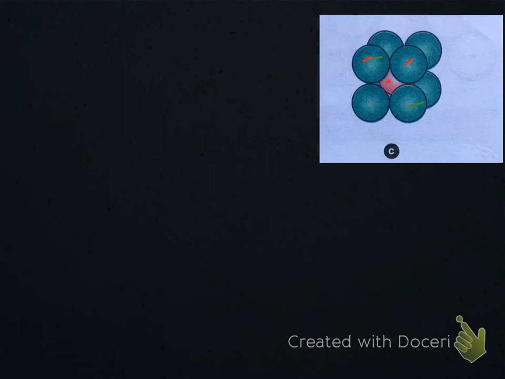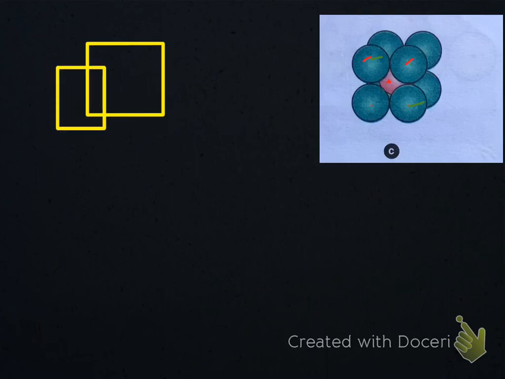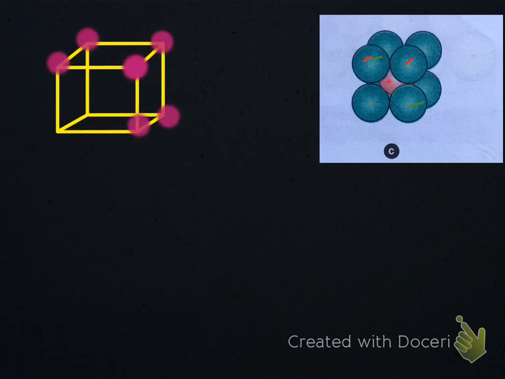So you can draw a cube, and particles 1, 2, 3, 4, 5, 6, 7, 8 and 1 at the body center.